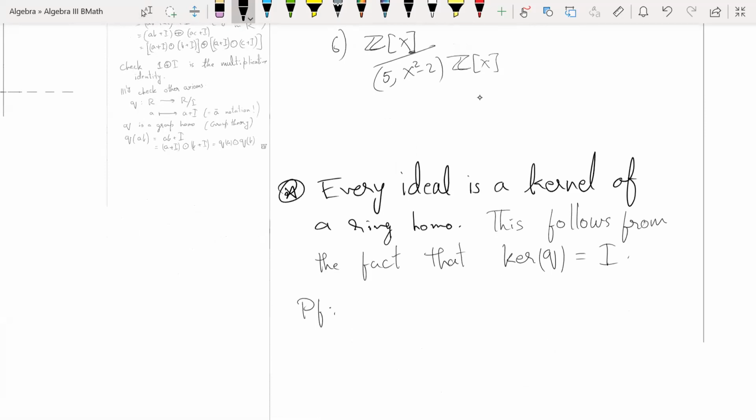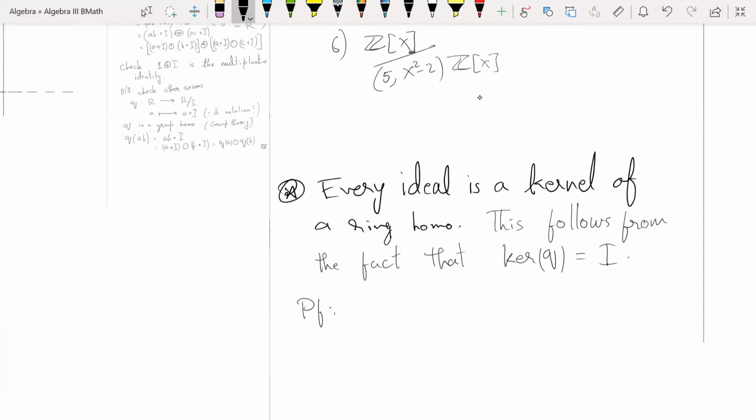Of course, every ideal is a kernel of a ring homomorphism. You just take R the ring, I a given ideal, and construct the ring R mod I, which comes with this quotient ring homomorphism, and the kernel is precisely this ideal I. So we already saw that a kernel of a ring homomorphism is an ideal, and the converse is also true.